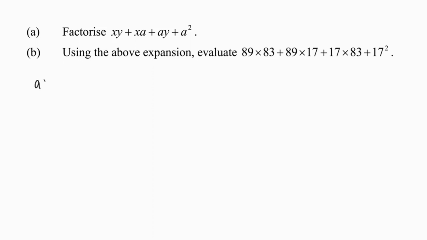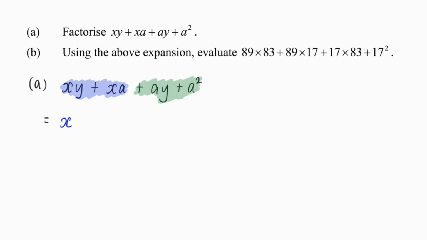So for part A, when we want to factorize this particular expression here, step 1, of course, I see 4 terms. I'm going to factorize by grouping. So I will see that the common factor is x, I'm left with y plus a.